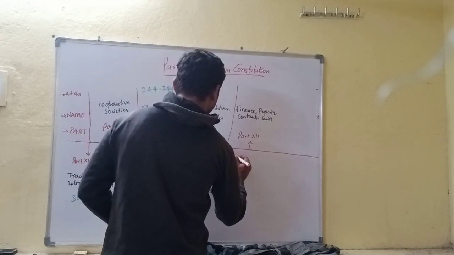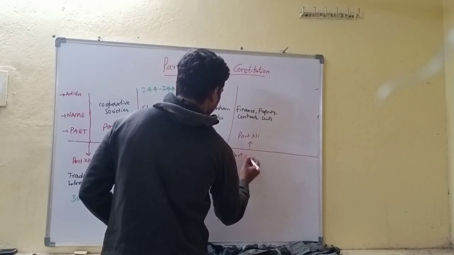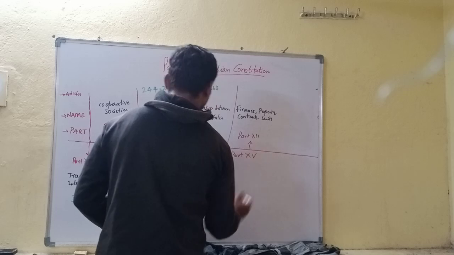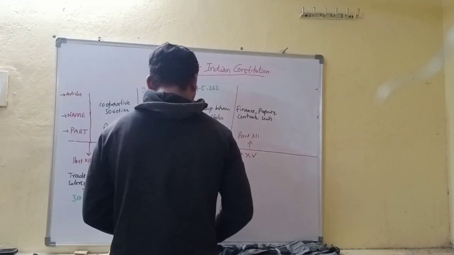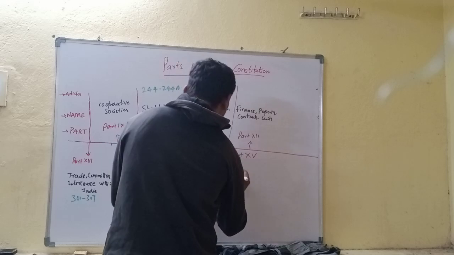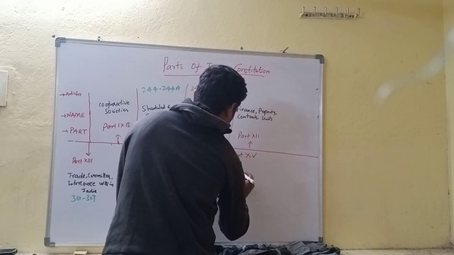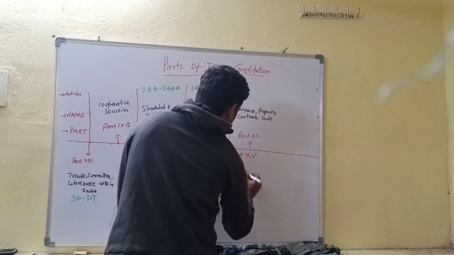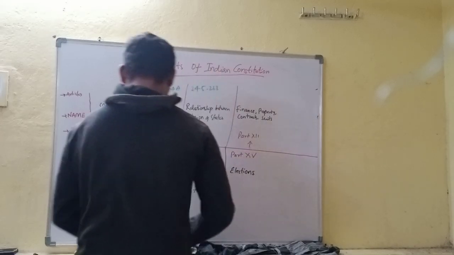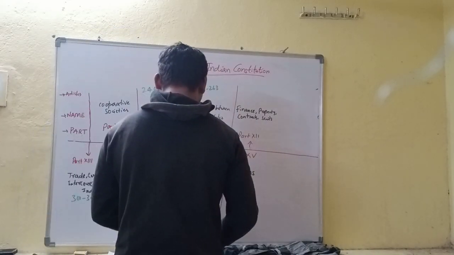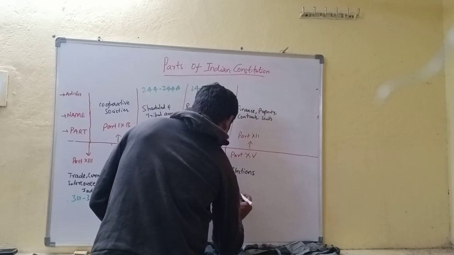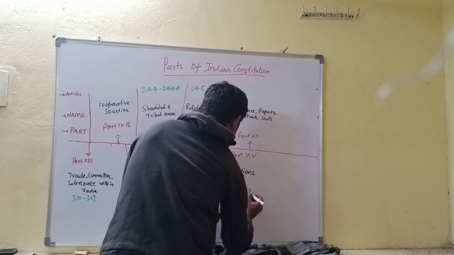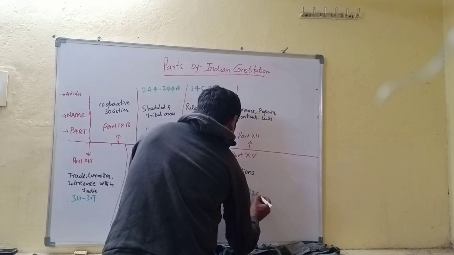Next, Part 15. Part 15 is about elections. Articles 324 to 329A.